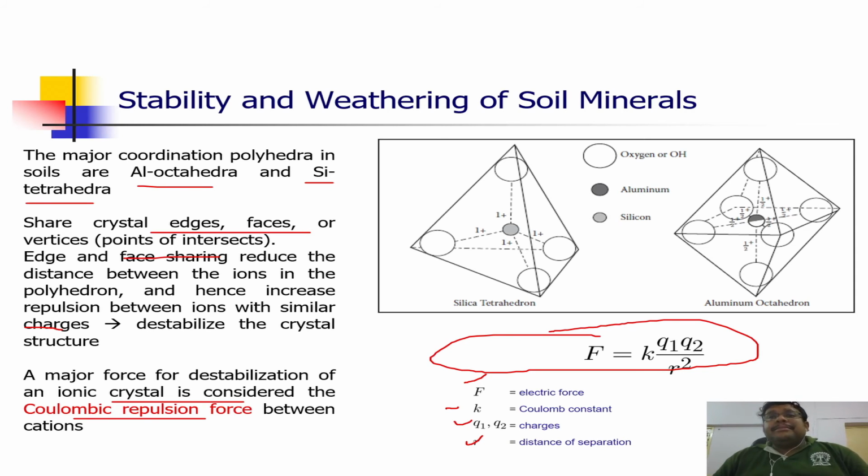But just remember that these silica tetrahedra or aluminum octahedra join with another silica tetrahedra or aluminum octahedra by sharing their edges, faces or vertices, and when they are sharing their edge and face, that creates more destabilization because of repulsion between the ions with similar charges.